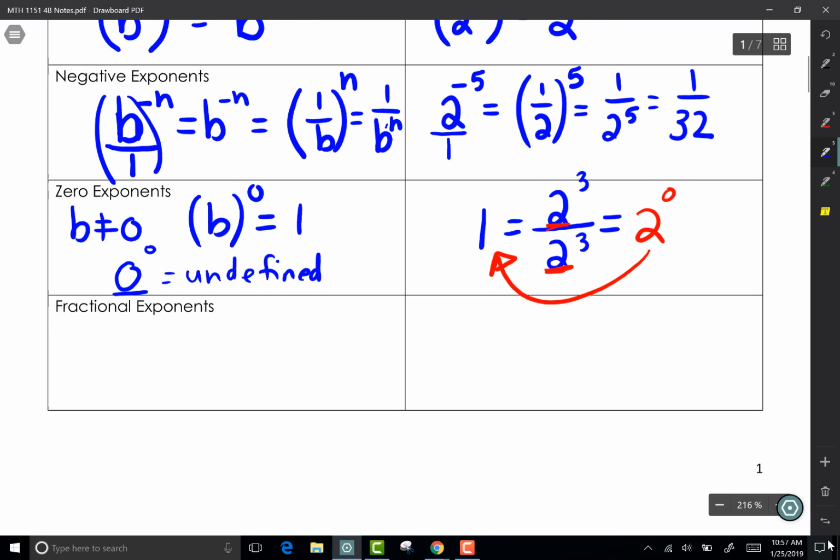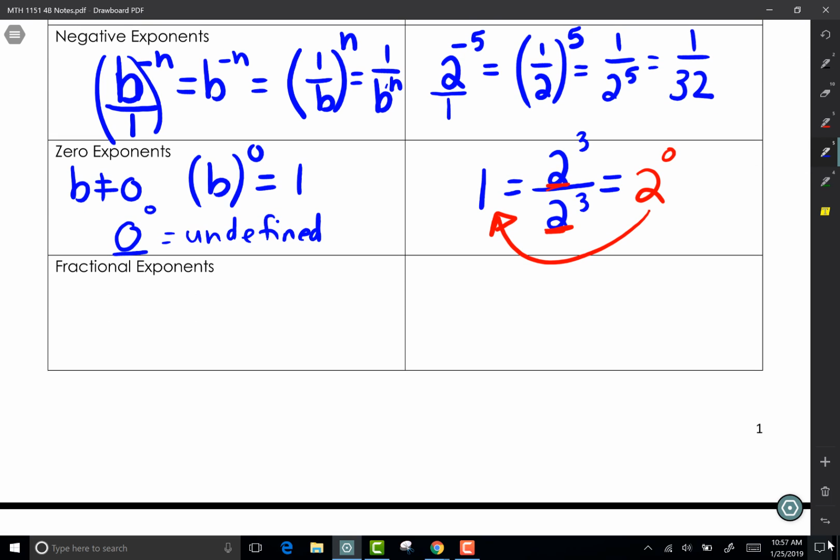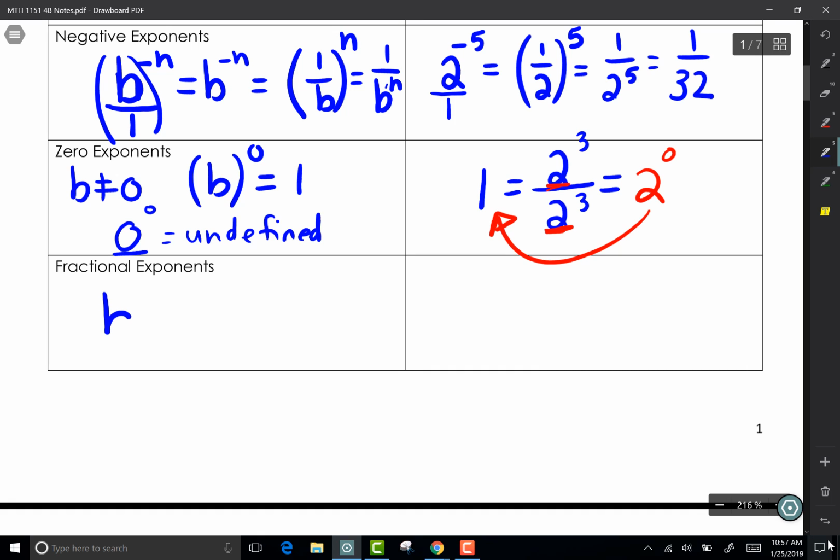Okay, and then the last example is if you have exponents that are fractions. If I have, for example, a base b and I raise it to the power of n over m, that is the same thing as saying the m-th root of b to the power of n, or another way you can write it is the m-th root of b and then everything raised to the n power.